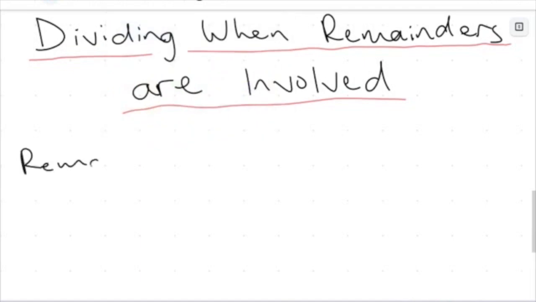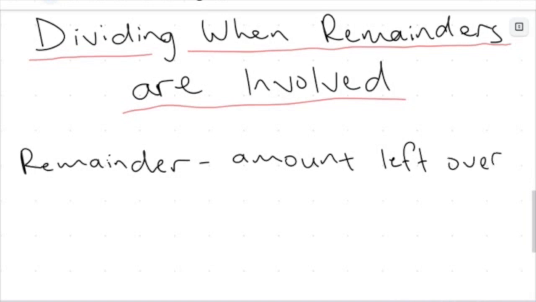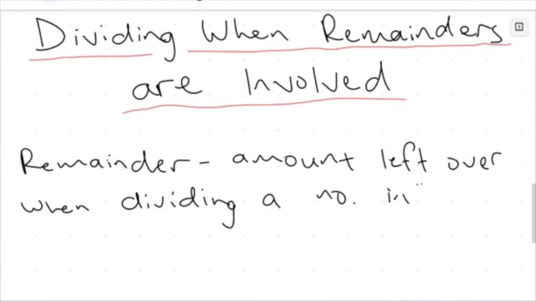A remainder is the amount left over when dividing a number into equal parts or equal groups. Okay, cool. So this just tells us that we're not always going to divide really nicely.